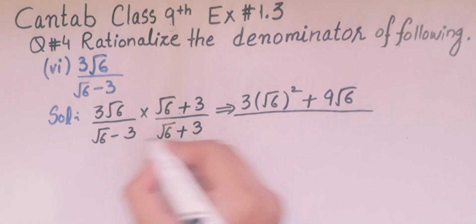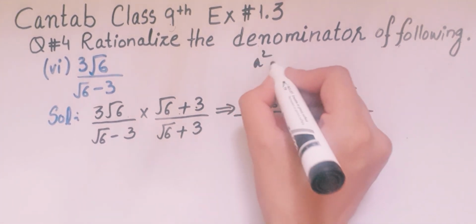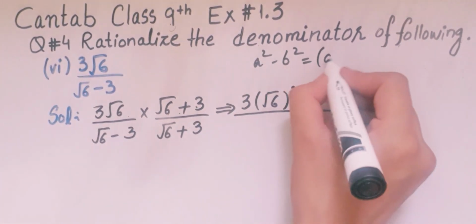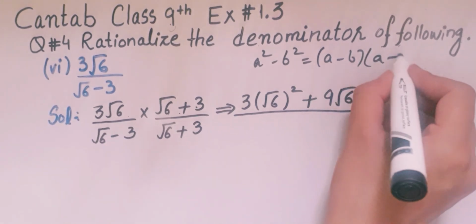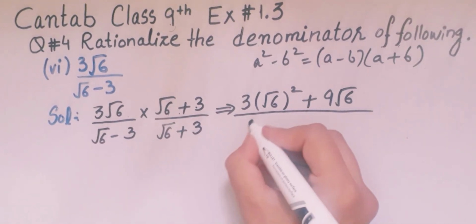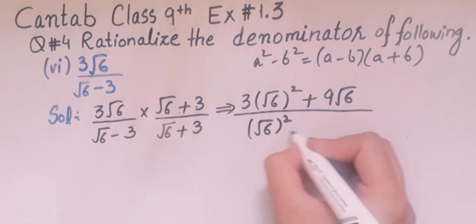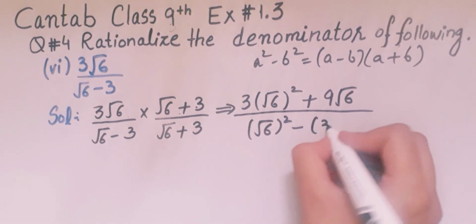by, here we apply the formula of a square minus b square, which is equal to a minus b into a plus b. So square root 6 square minus 3 square.